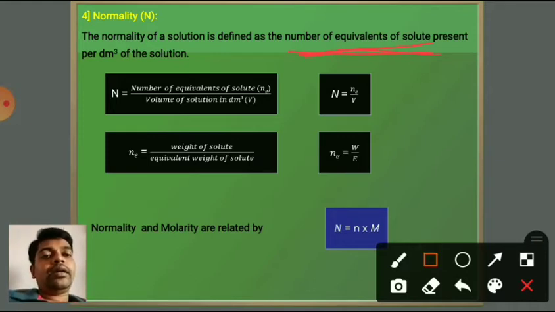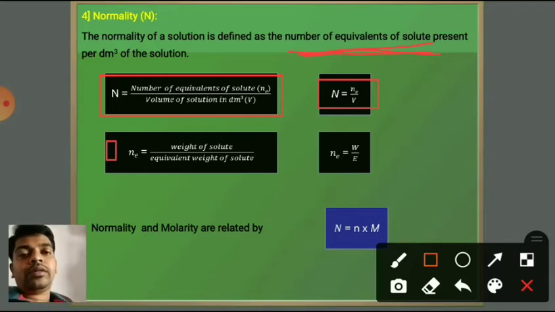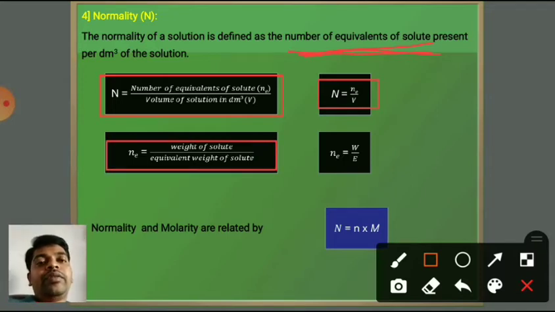This normality can be represented by the formula: N equal to number of equivalents of solute divided by volume of solution in dm cube or in liter, which is again N equal to Ne, where Ne represents the number of equivalents, divided by the volume V. Now this Ne, the number of equivalents, can be calculated by the formula: Ne equal to weight of solute divided by the equivalent weight of the solute. So this is the formula to find out the number of equivalents.